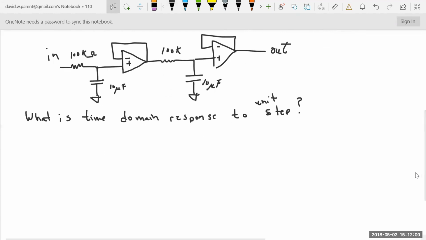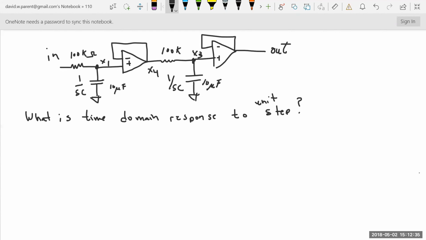Well, in order to get there, we actually want to start, if you will, in the Laplace domain, right? And so I can label some voltages x1. I'll call that x3, x4, and that's out. But you can see these are buffers, right? And so x4 equals x1. That's a buffer too.